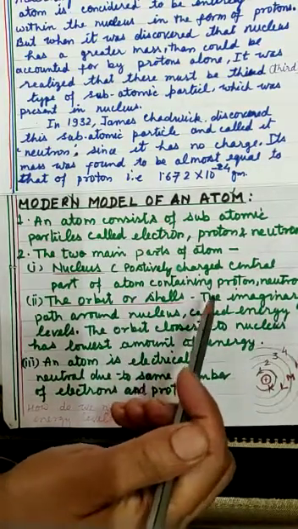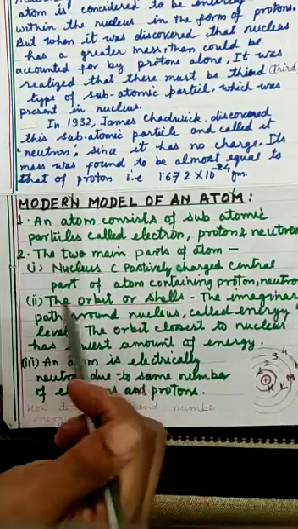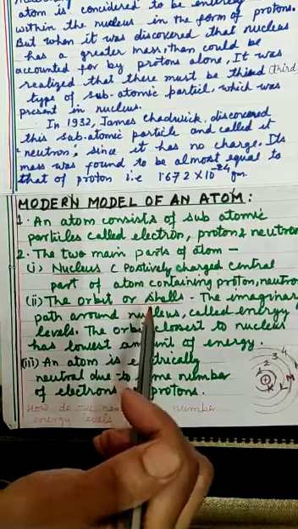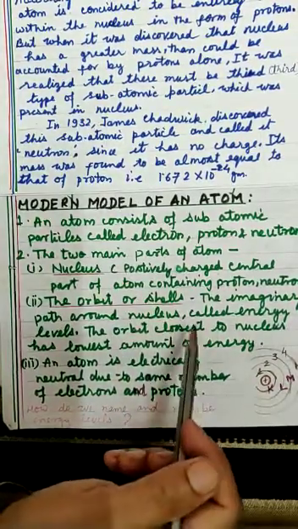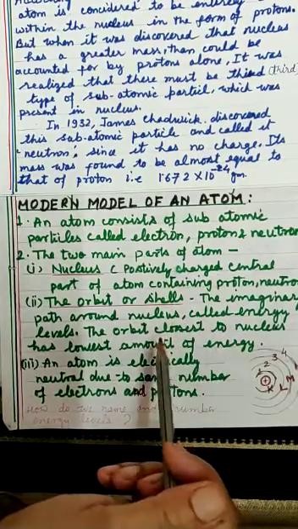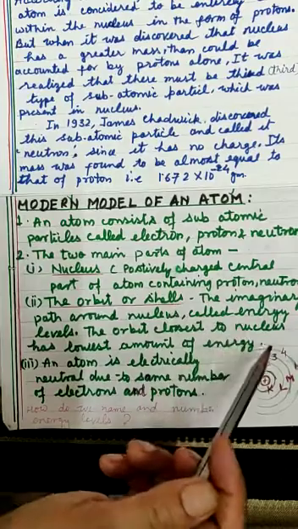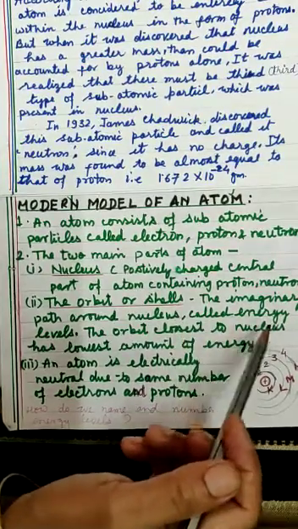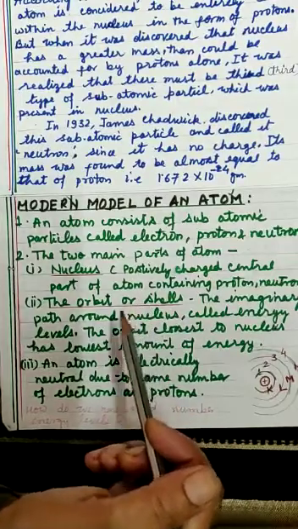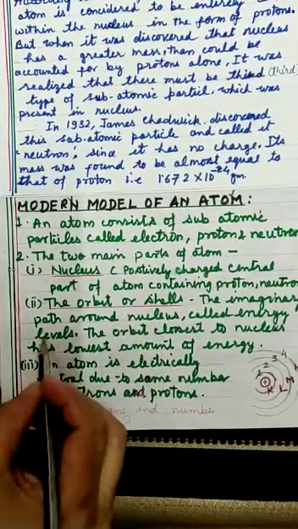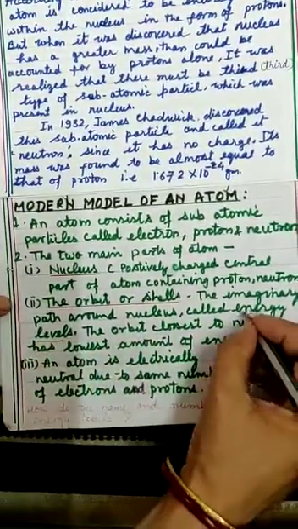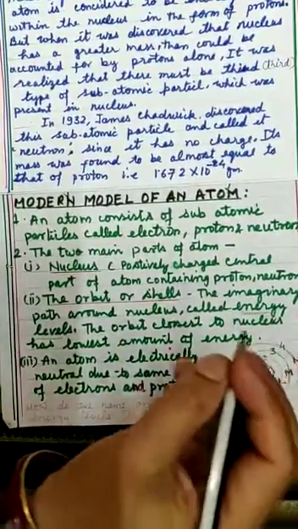Orbits or shells are the imaginary paths traced by electrons in the empty space around the nucleus, and it was added later that these paths are not just anywhere but are associated with a definite amount of energy, and therefore the circular orbits are also called energy levels.